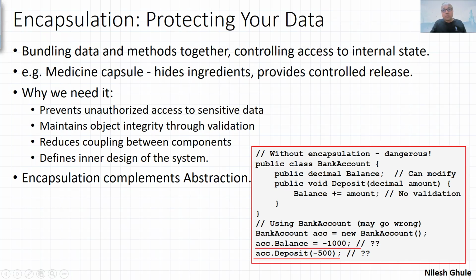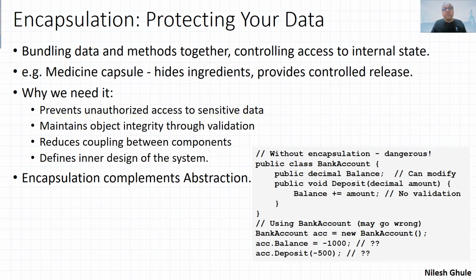These problems will definitely lead to unexpected, undesired results. And this is where encapsulation comes into the picture. Encapsulation prevents unauthorized access to sensitive data, and it maintains object integrity through proper validation. And this defines the inner design of your system.